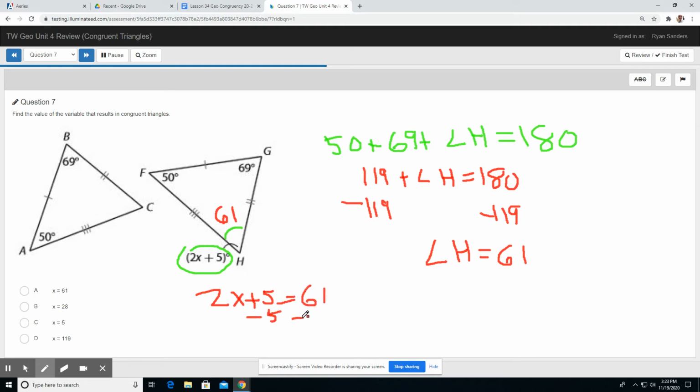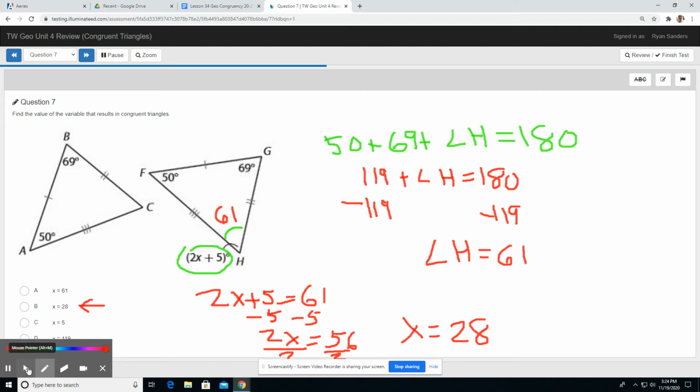Minus 5, 2x equals 56. Divide by 2, and I get x equals 28. I like confirming: 2 times 28 is 56, plus 5 is 61. Check, 28. That's our x. They want the value of the variable that results in congruent triangles. Yes.